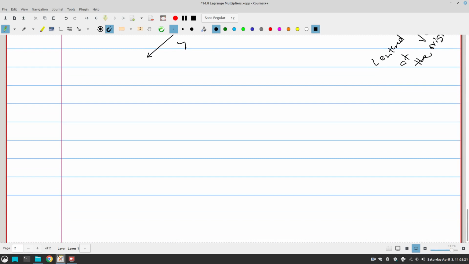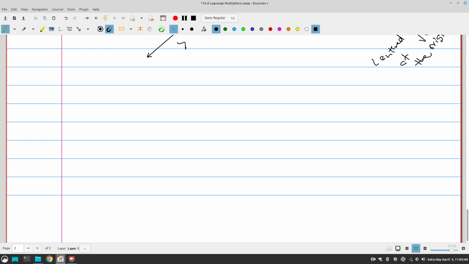Right, now let's try to put our knowledge of level curves to use here. We want to solve a problem, and the problem is optimization with a constraint. So let's say we want to maximize a particular function.